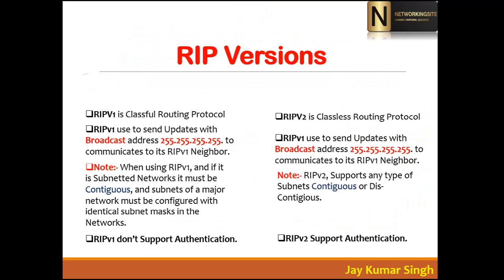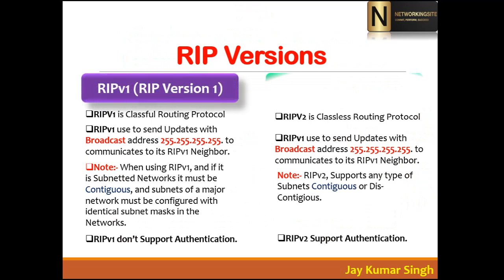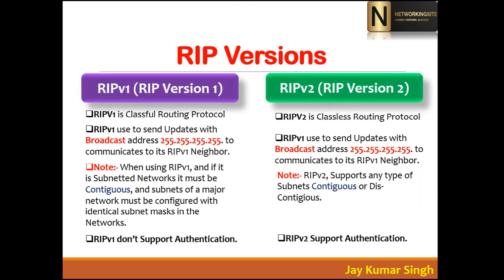RIP has two versions, RIP version 1 and RIP version 2. RIP version 1 is a classful routing protocol. Classful means it supports default networks like class A, class B, class C, and it does not support any kind of subnetting.